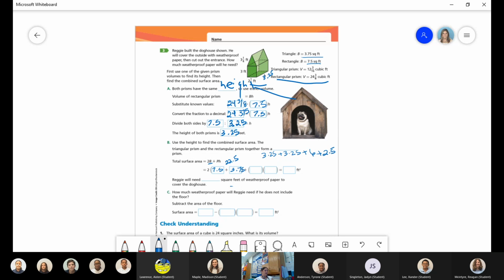All right, so this would give me 6.5, right? Plus 6, so we're at 12.5. Plus 2.5, so we're at 15. All right, so the perimeter is 15, and the height was what again? 3.25.